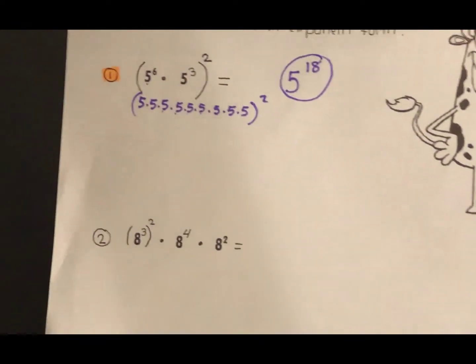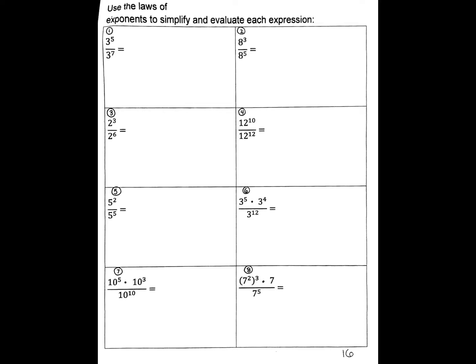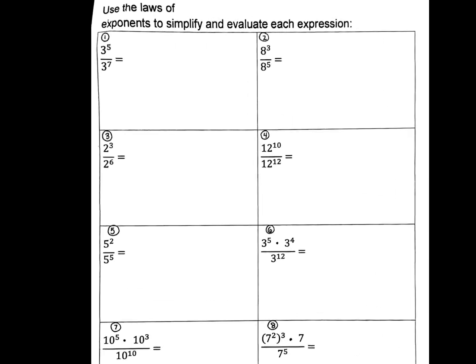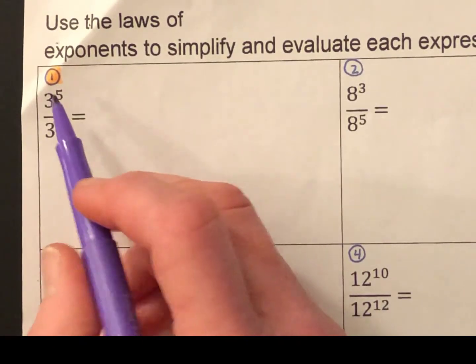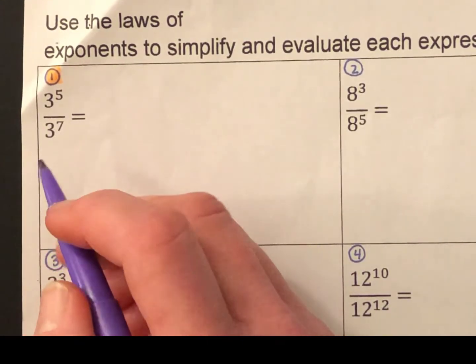Now let's look at page 16. Number 1 is 3 to the 5th power over 3 to the 7th power.